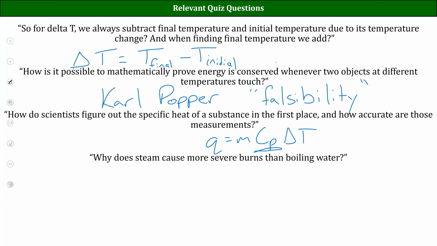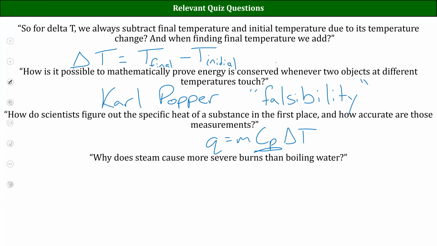Because what happens when the steam hits your skin, it's not just something hot next to something cold. It's also a phase change. That steam, when it hits your skin, is going to condense.